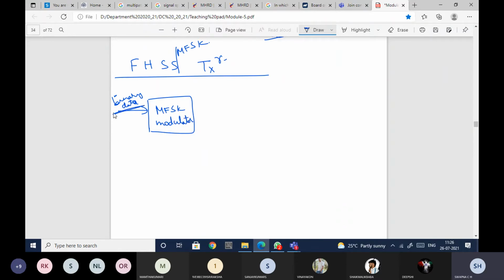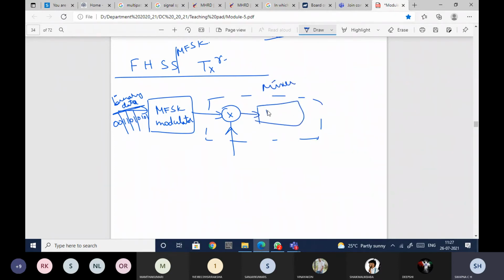If I have random data like 0 0 1 1 0 1 0 0 1 0 1, it first has to split it into 2 bits, and after splitting, it modulates them. After modulation, I give it to the mixer. The mixer consists of the multiplier and the band pass filter.